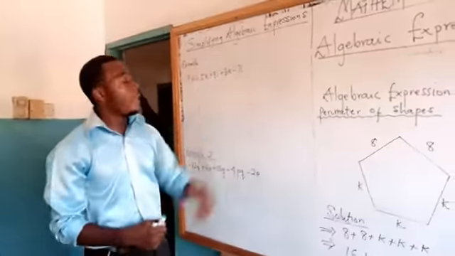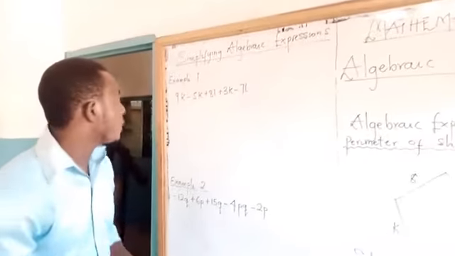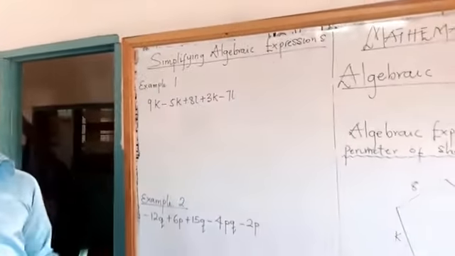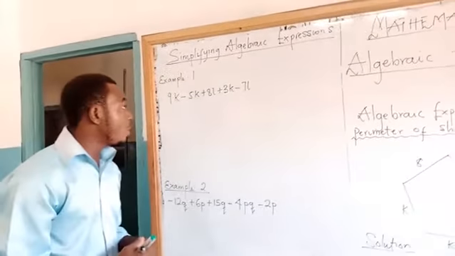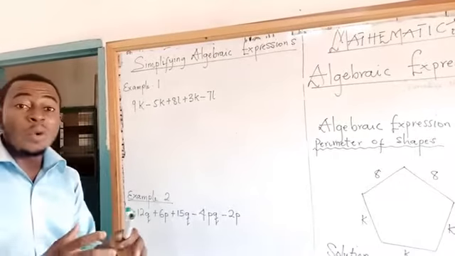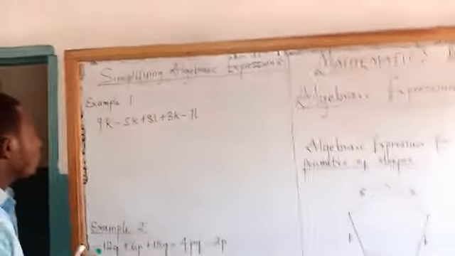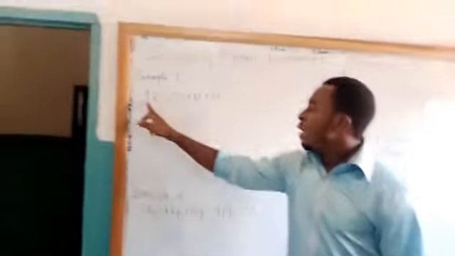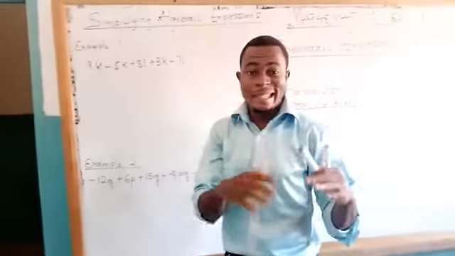Alright, so we want to further look at simplifying algebraic expressions. For us to simplify algebraic expressions, we first of all look at what we refer to as like terms. We want to group like terms. And so, in grouping like terms, you must ensure that each number moves with its sign.